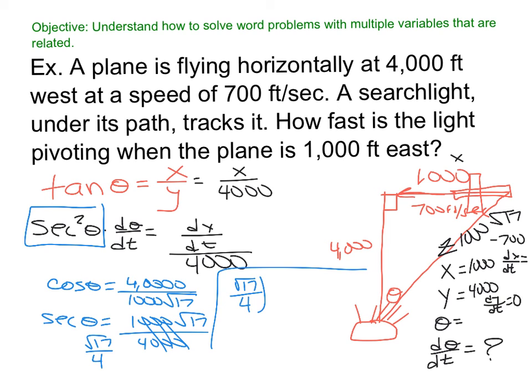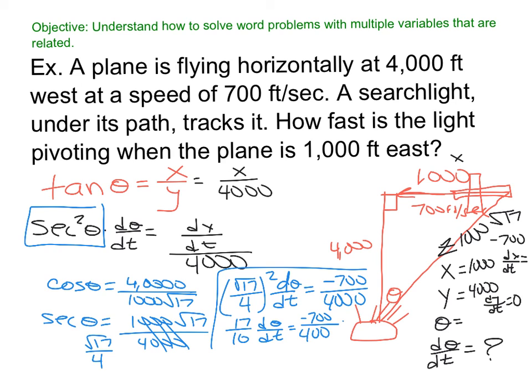All right, so we get root 17 over 4 squared d theta dt equals, my dx dt was negative 700 over 4,000. So this is 17 over 16. And then I just have to multiply both sides by 16 over 17.